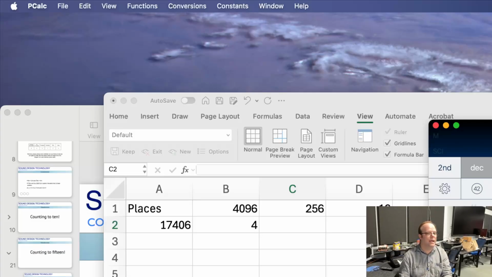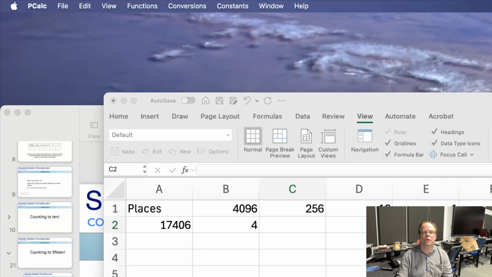So that's how much I've accounted for by the 4,096s. To find out what I have left, I go back to the 17,406 and subtract the 16,384 from that. I now have 1,022 left to figure out.